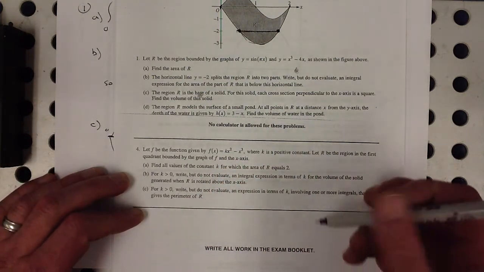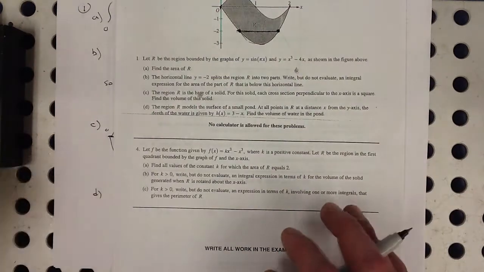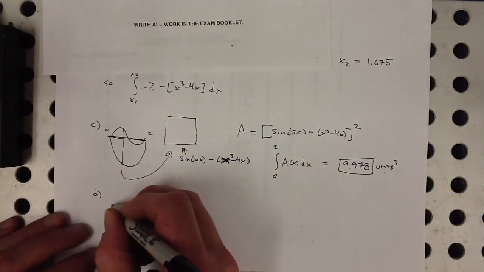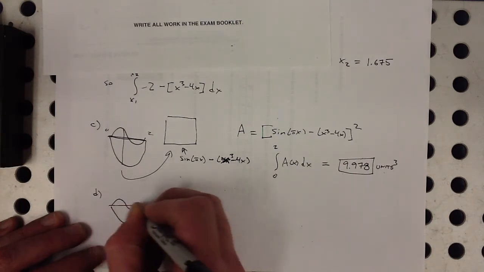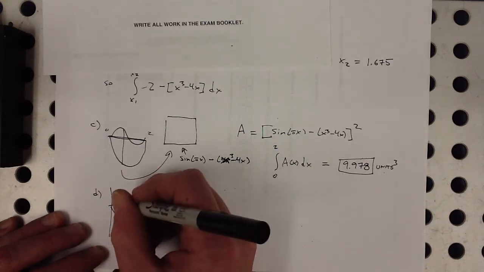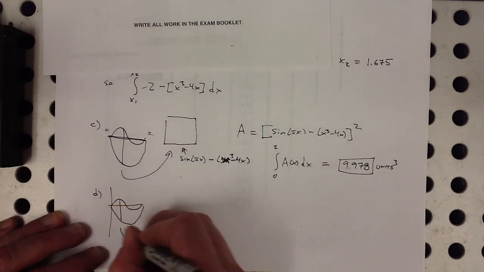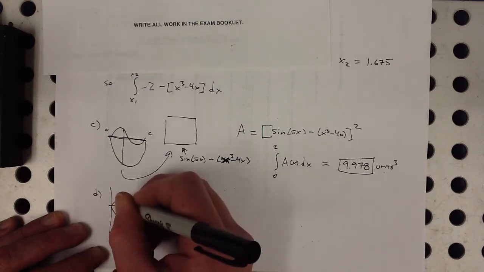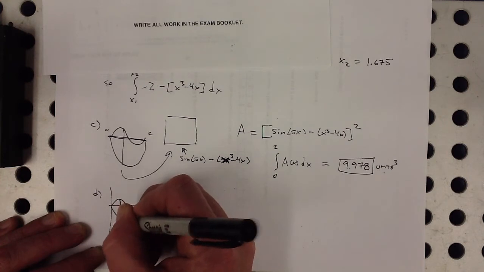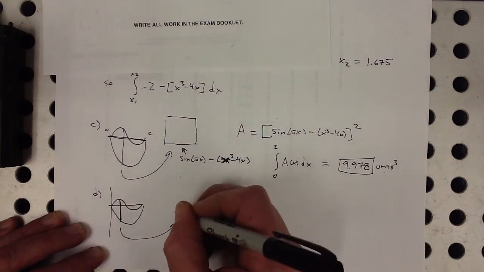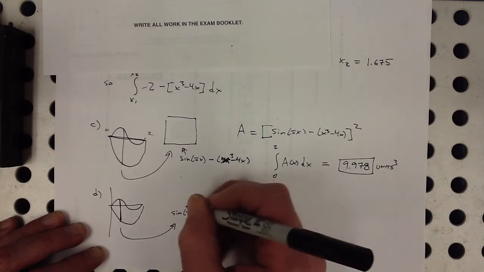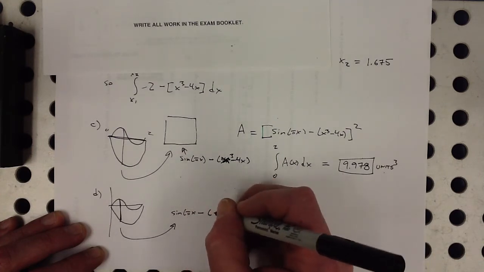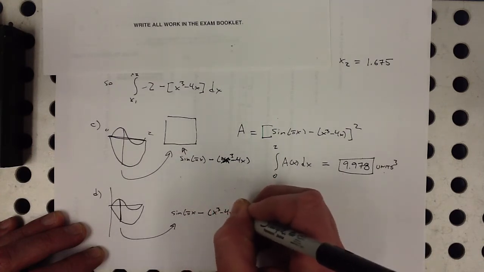Well, this is like a cross-sectional one, too. For every slice here, pull this out, this dimension right here is still sine of pi x minus x cubed minus 4x.